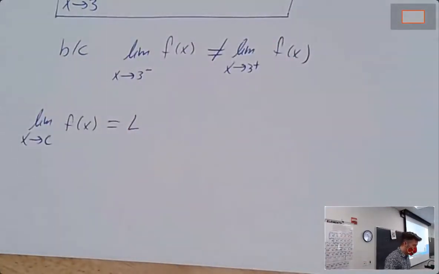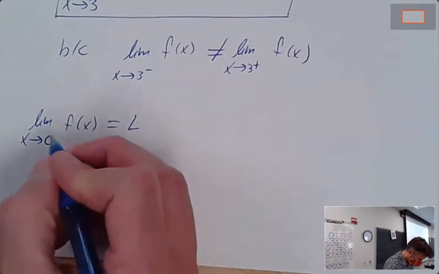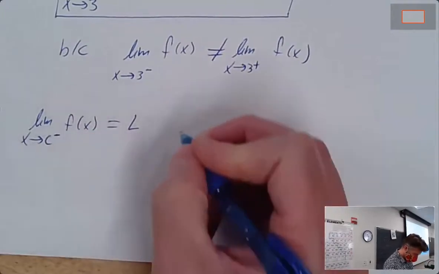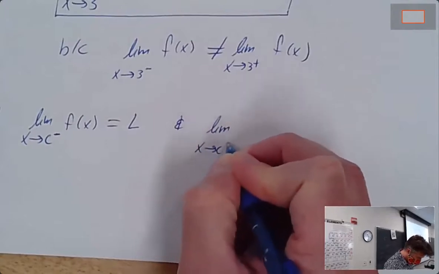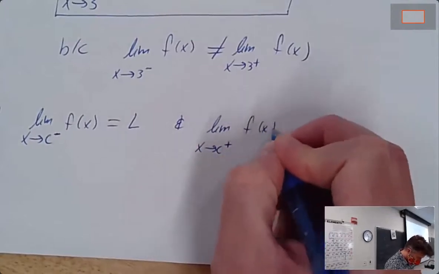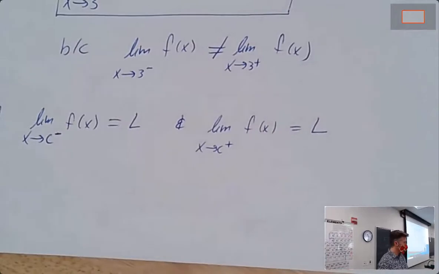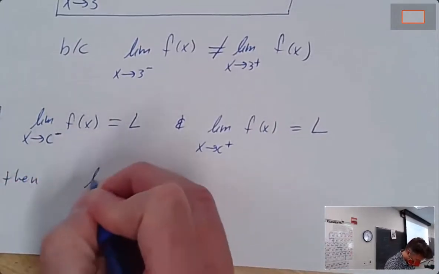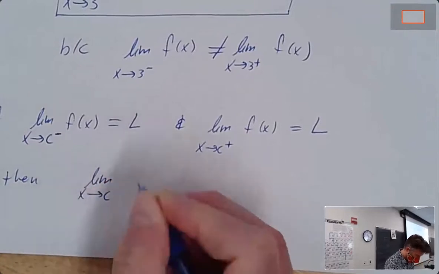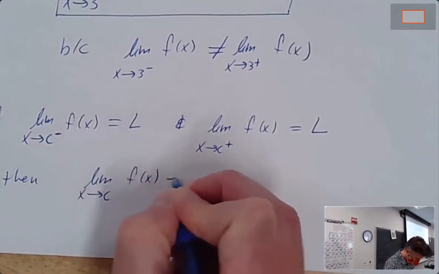Let me fix it. What we actually say is if the limit as x approaches c from the left and the limit as x approaches c from the right are equal to the same value, then it is true that the limit as x approaches c from either side is equal to that.